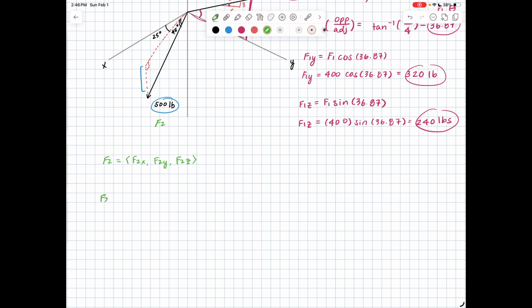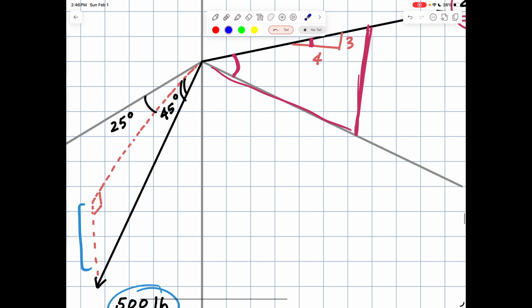So F2z equals the magnitude of F2 times, so when we're looking at this triangle, we have to identify that we're looking at this angle, not this angle, but the 45 degrees that is associated with this pink triangle.